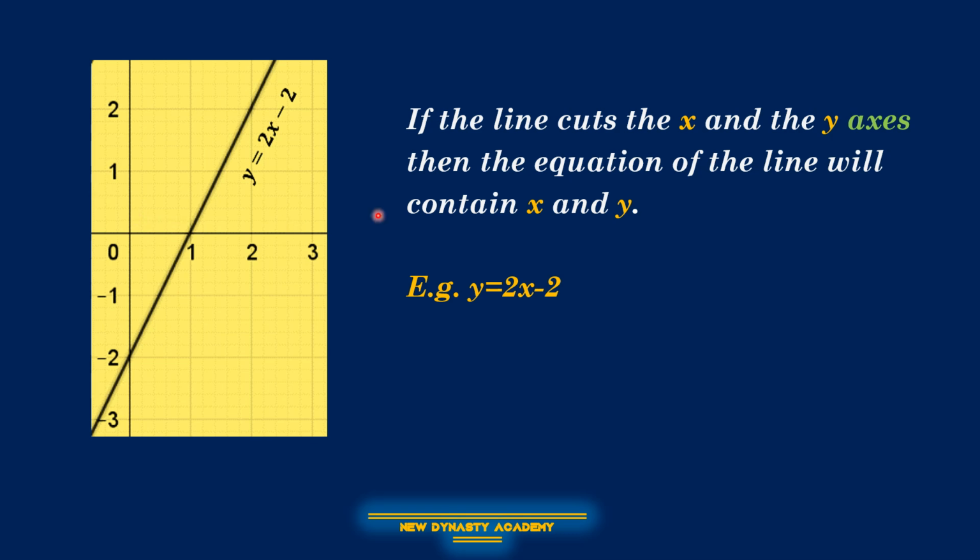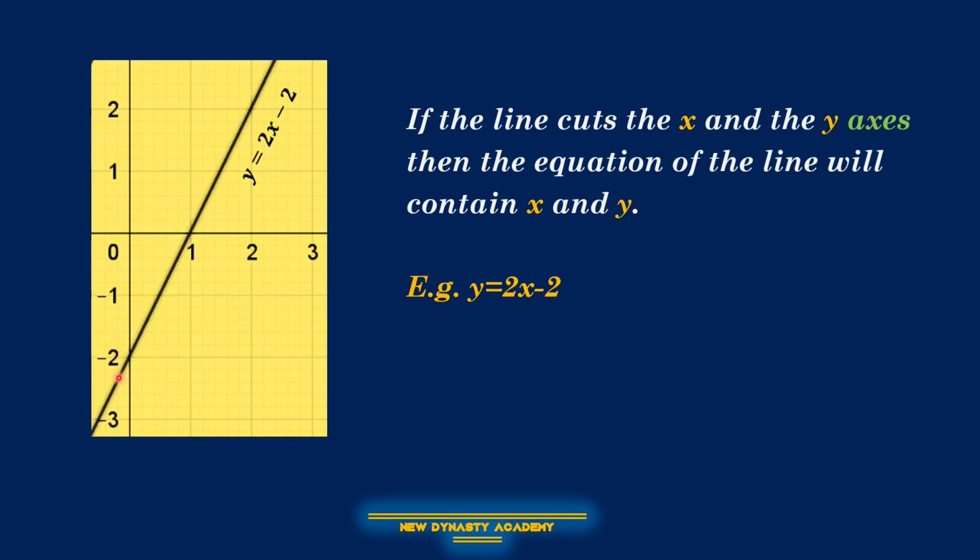Then in this picture, we can see that we have a line that is cutting both axes. So it says here, if the line cuts the x and the y axis, then the equation of the line will contain the x and y. As you saw in the previous example, we only saw the example where y equals 5 and x equals 3. That was happening in that case because the line was cutting only one axis at a time.